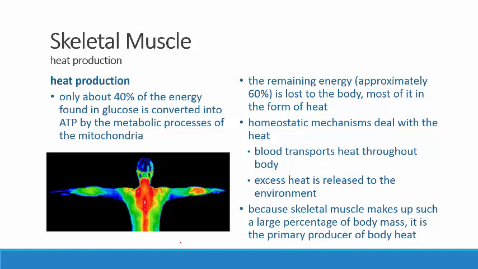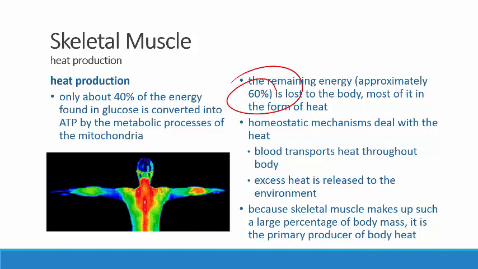The process is somewhat inefficient, and most of that remaining energy, about 60% of it, is lost from the body, and most of it is lost in the form of heat. And so we have homeostatic mechanisms that will deal with shedding the body of all that excess heat.